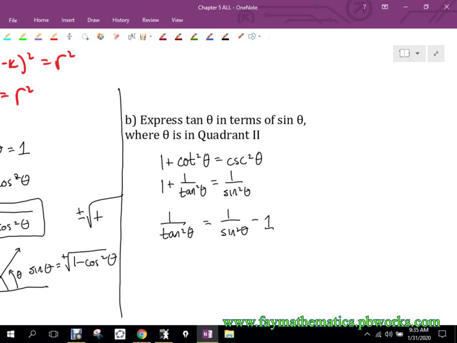The issue here is if I square root the left-hand side, obviously I would get 1 over tangent, right? Okay. And I can square root the right-hand side, but when we do, then that's fine.